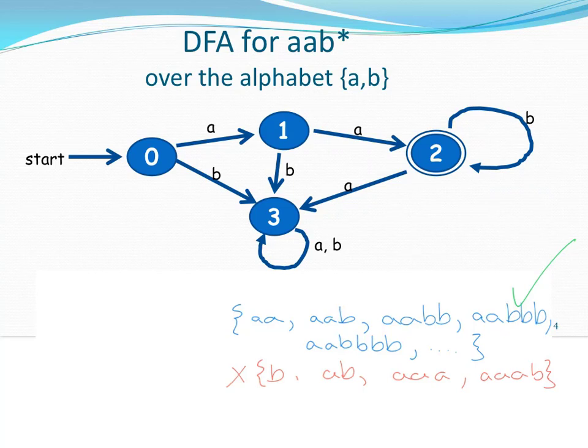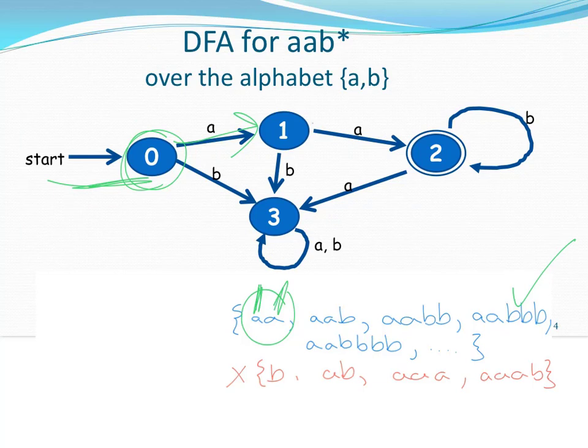Let's try another example. How about the string AA? Well, again, we always start at the start state, so we're going to start at state 0. And I can tell you that for a DFA, there's only ever going to be one start state. We see the first A, so we transition to state 1.